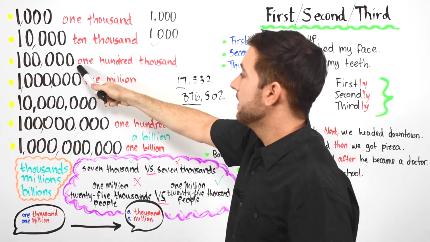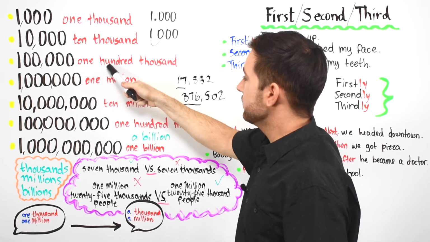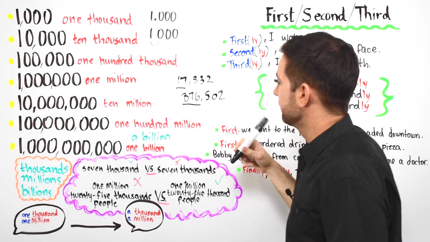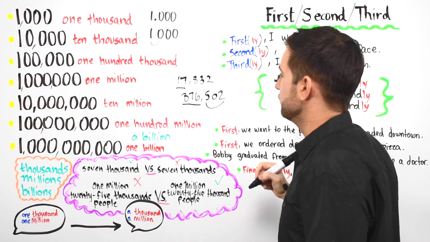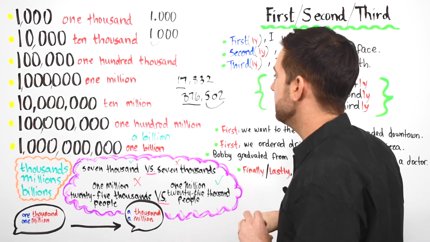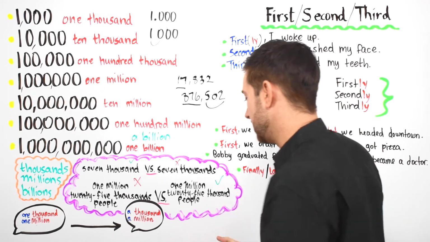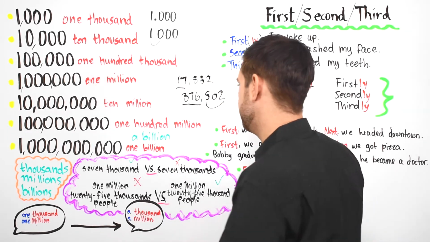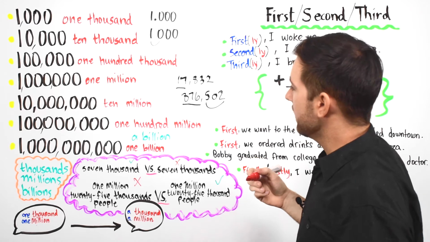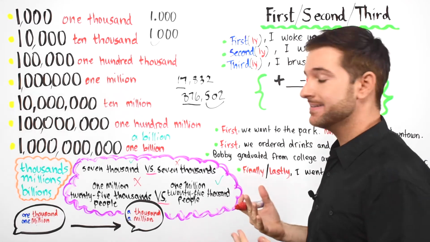Okay, so we'll put 876,000. And then what do we have here? 502. Okay, so 876,502.